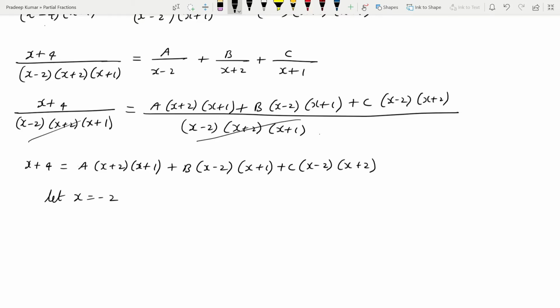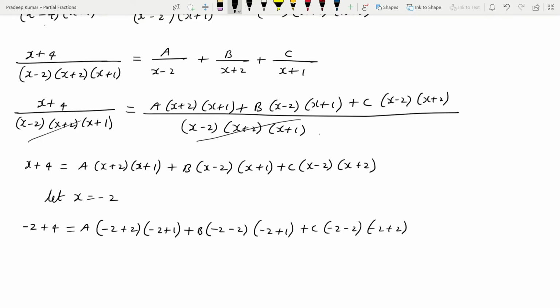We are taking this on both sides. So -2 plus 4, in the place of x I have substituted -2. So A, in the place of x again -2, plus 2, plus B, in the place of x -2, -2 plus 1, plus C, again -2 minus 2, -2 plus 2.